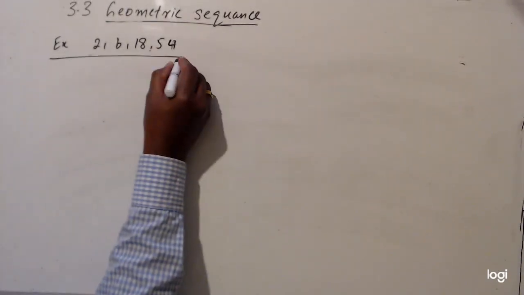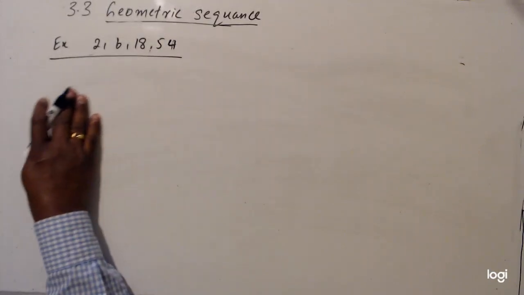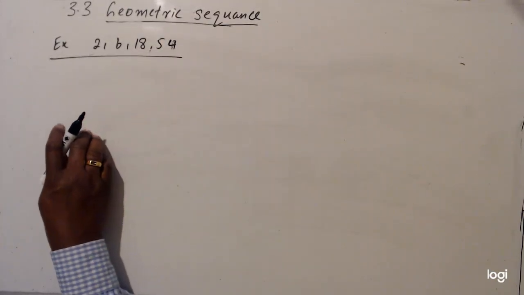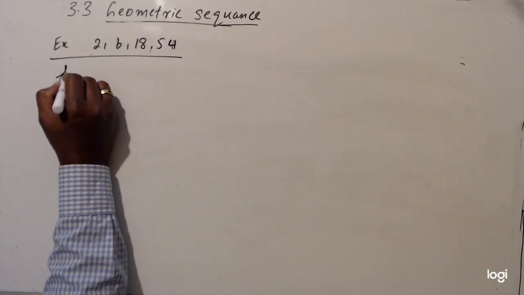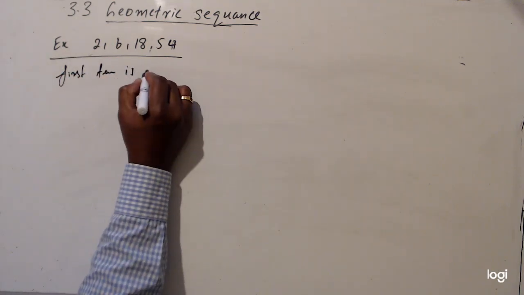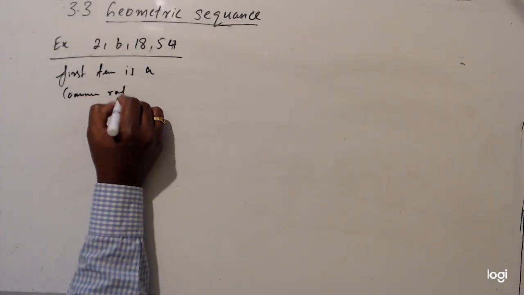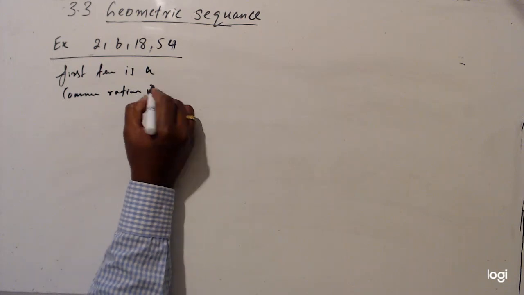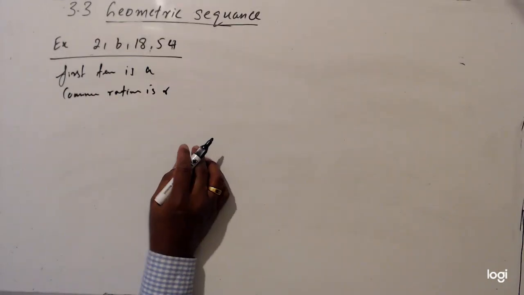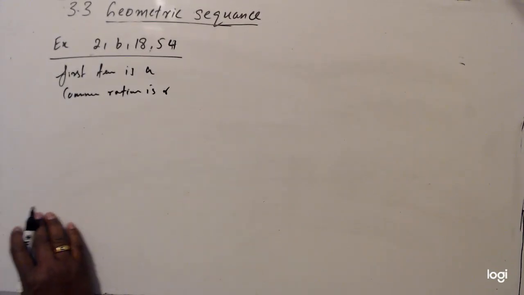Now we'll try to write the geometric sequence in general. Assume the first term is A, and the common ratio is R, then you know how to write now the sequence.